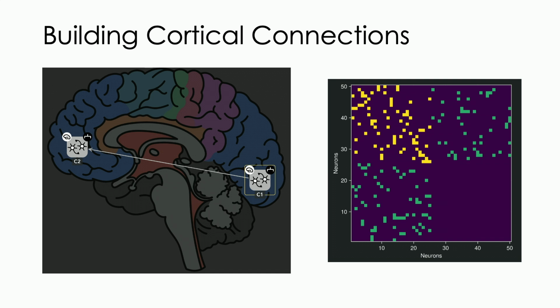And you will be able to see the adjacency matrix of that coupling. So the lower half is C1, where you see all the connections between neurons within a cortical region. Then on the top right, you see all the connections of C2. And then in yellow are all the connections between the cortical regions.